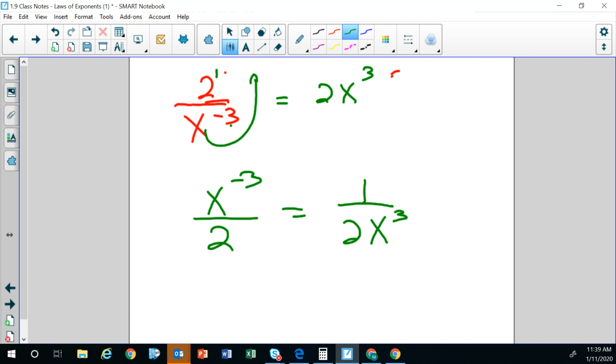Okay? The 2 stays in place because the 2 has a positive exponent of 1. So that stays in place. I do not move that. All I do is move that expression to the bottom and make it positive.